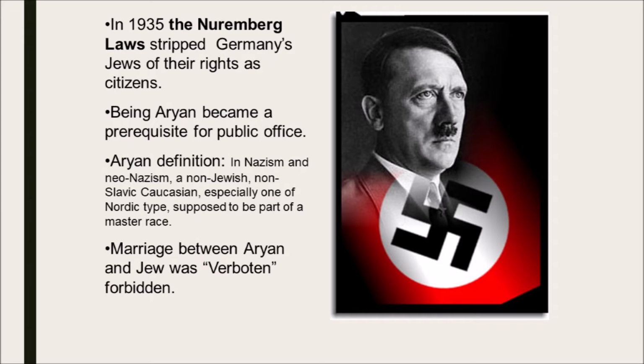And marriage between an Aryan and a Jew is going to become forbidden. They're also going to limit the types of jobs that Jews can have. And again, it's this idea of hatred specifically for the Jews, even more so than others.